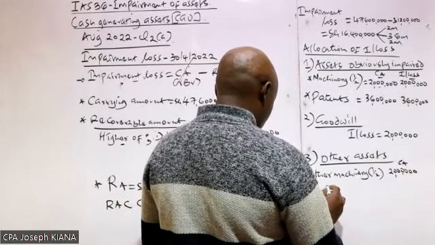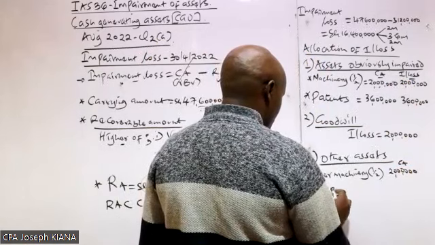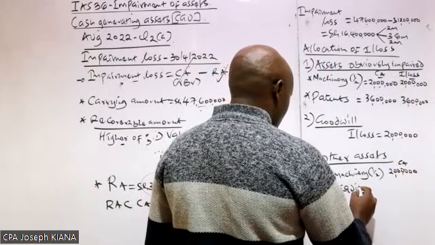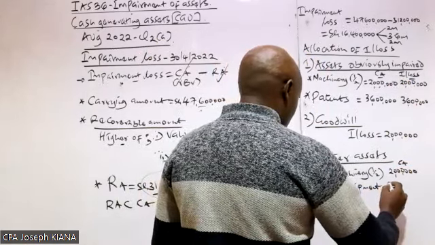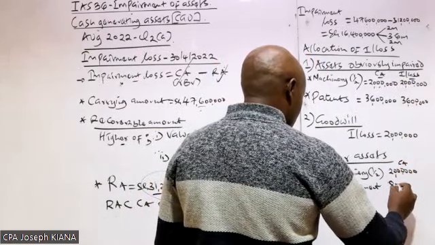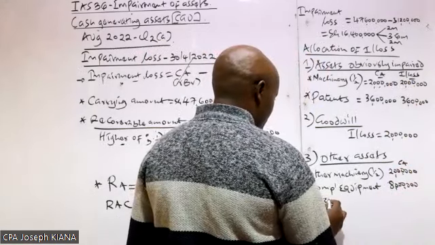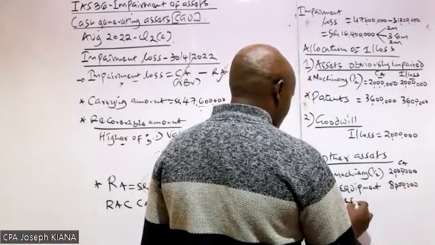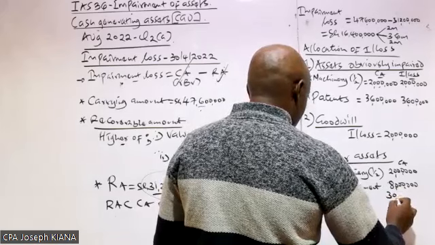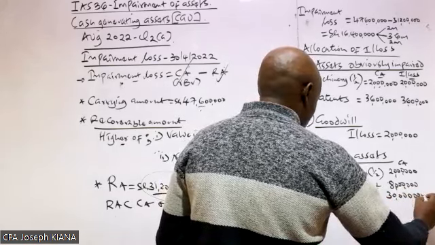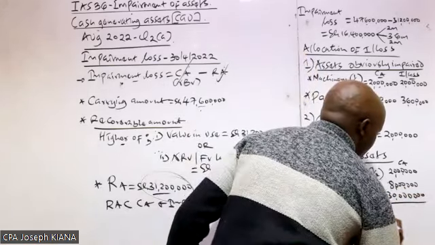Below that, we also have computer equipment having a carrying amount of 8 million. And finally, we have premises. We have not allocated any impairment loss to this asset, and the carrying amount for premises is 30 million.